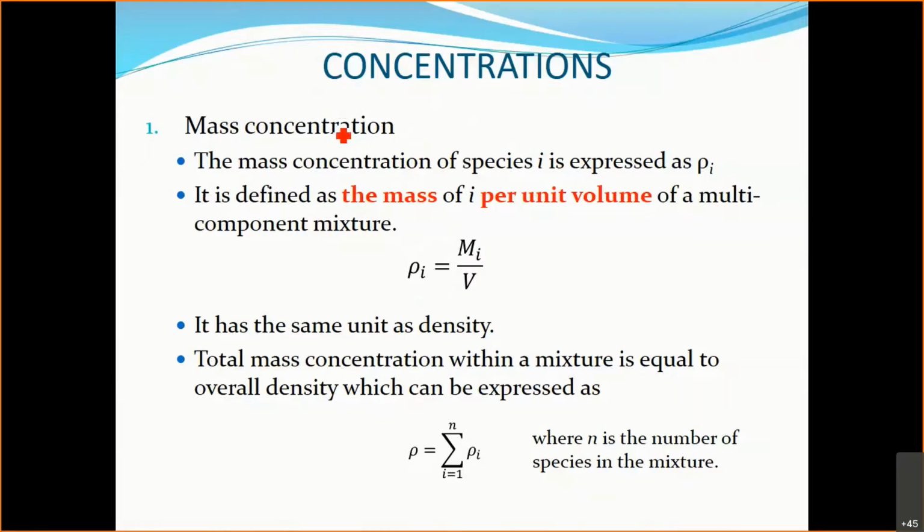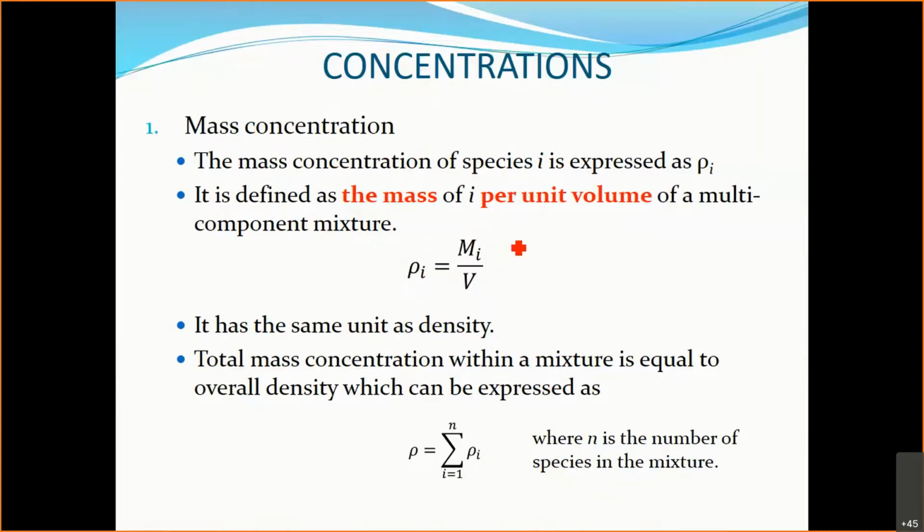Concentration, you can have mass concentration and molar concentration. So mass concentration is basically your density. Why do I say that? Because if you look at the formula here, density is equal to mass over volume. So that is the definition of mass concentration.